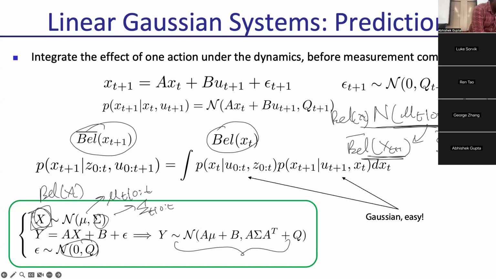The next thing we have to figure out is what is y? y is going to be xt plus 1. And A here is just A. B here is what?